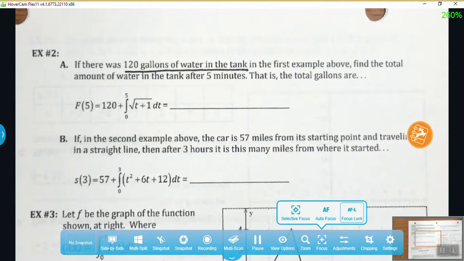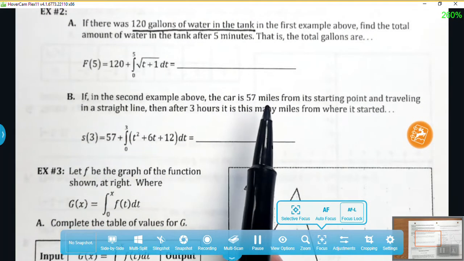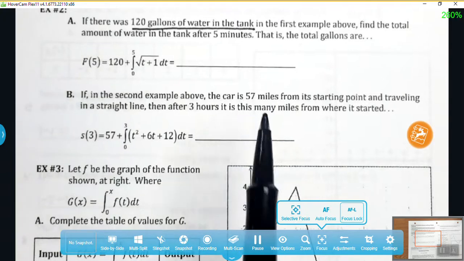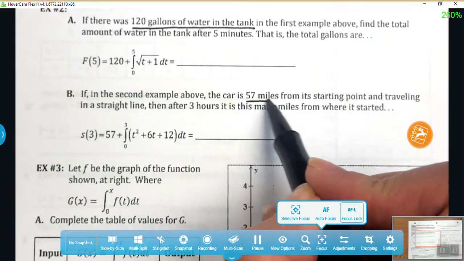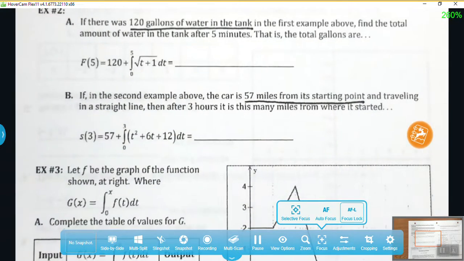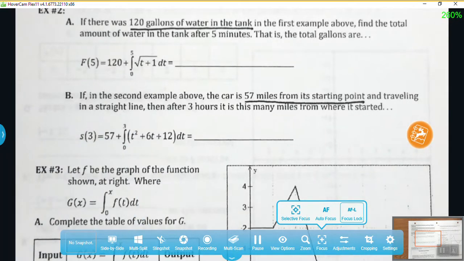For part B, if you started 57 miles from the starting point, then it's 57 plus the total displacement accumulated from 0 to 3. So you always add the initial condition that they give you to start with. Are you with me?